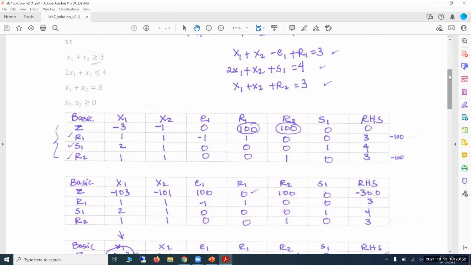And now, after this one, I need to do the same thing for R2. I need to make this 100 equal to 0.